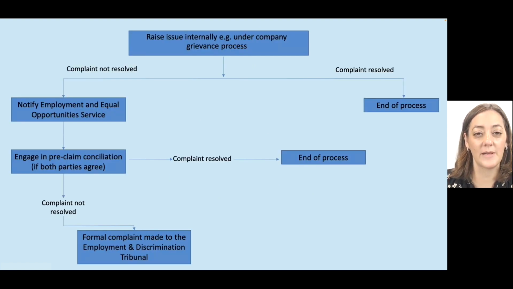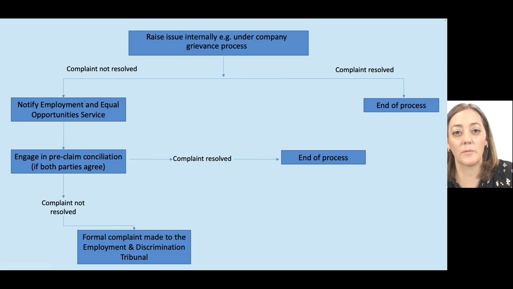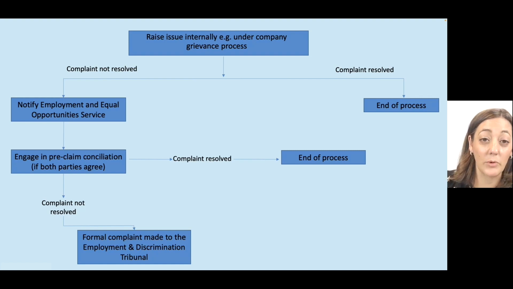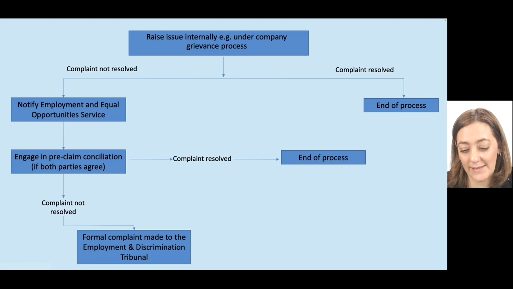So as you can see from this slide here, we've set out what the process might look like if a complaint is raised. Now, although there's no initial notification required in the employment context, in practice, employees will usually raise concerns under the applicable internal company process, likely to be a grievance process, for example, before they would contact EEOS. And this should be encouraged as an early means to resolve potential complaints before they become more formal.